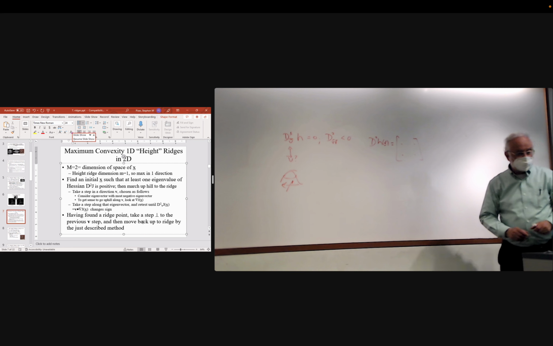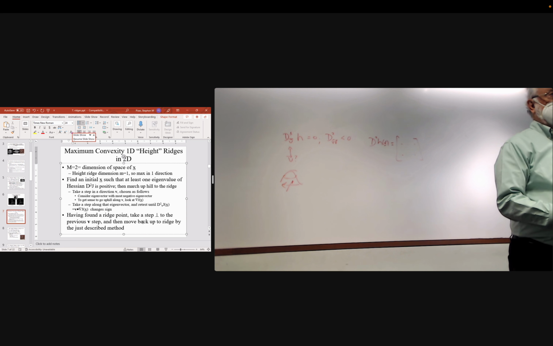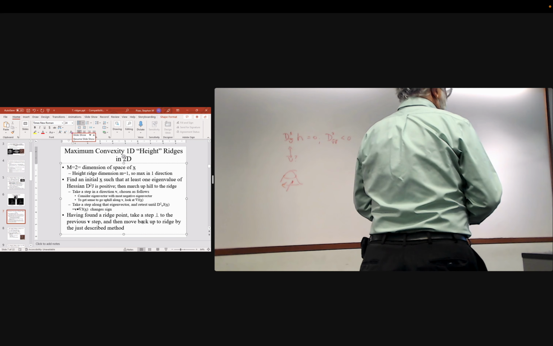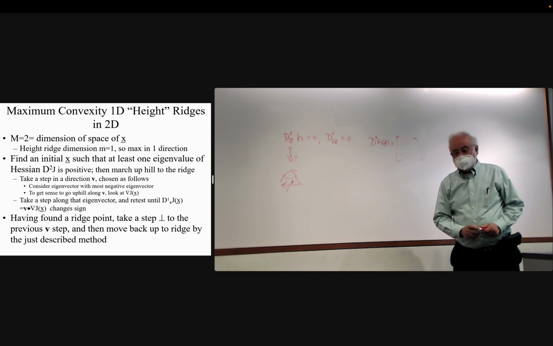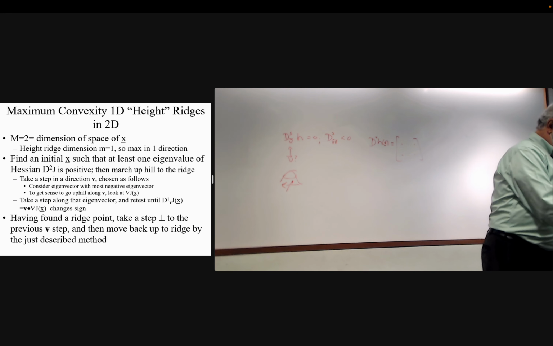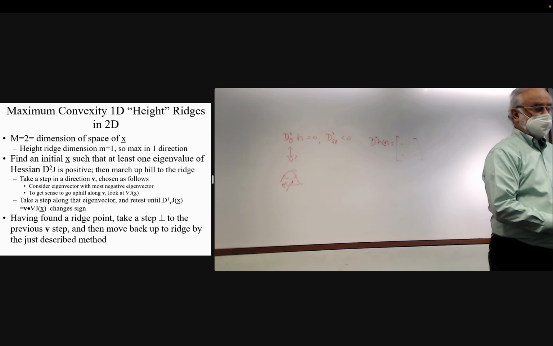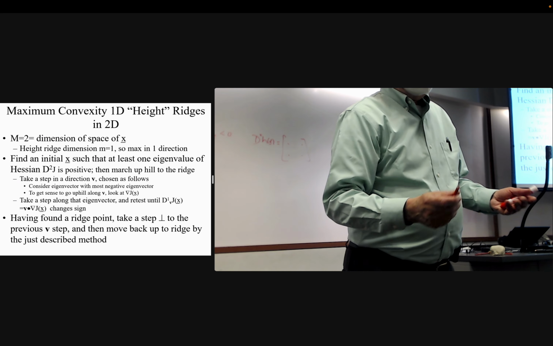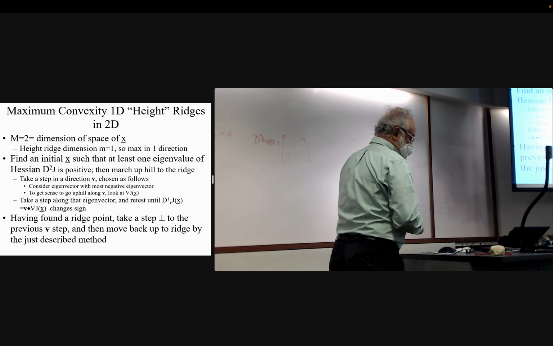Okay, so the basic idea is you find some place where things are convex downward, where the second derivative is negative, that is, the most negative of the eigenvalues is negative.